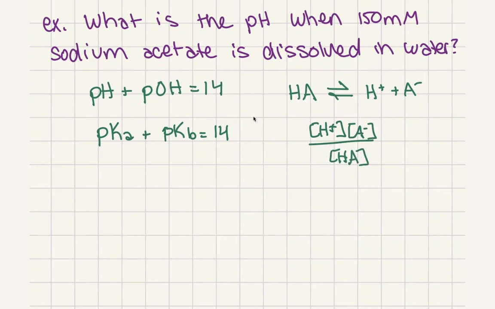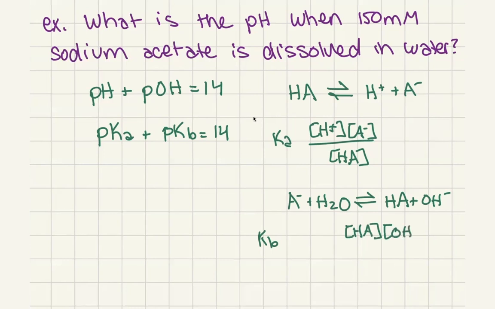When we're talking about our Kb, we're talking about the reaction between A minus and H2O to give us HA plus OH minus. In this case, that was our Ka. For our Kb, we have HA times OH minus over A minus. And again, we're taking the water as a constant that's accounted for.